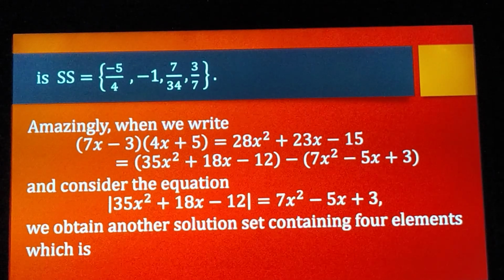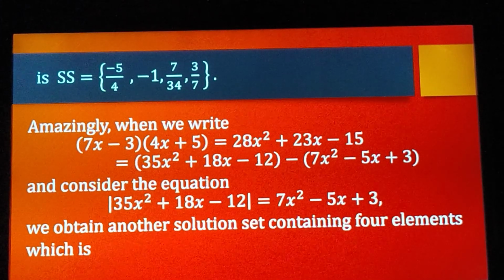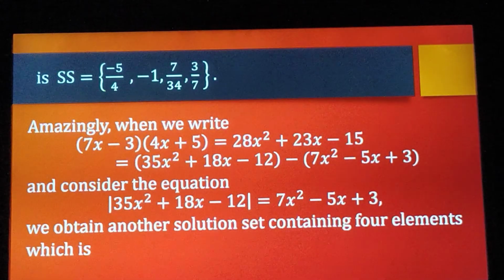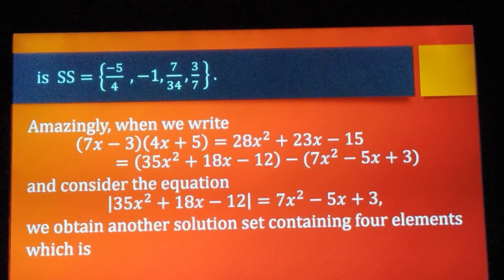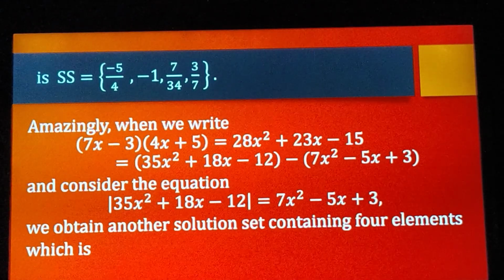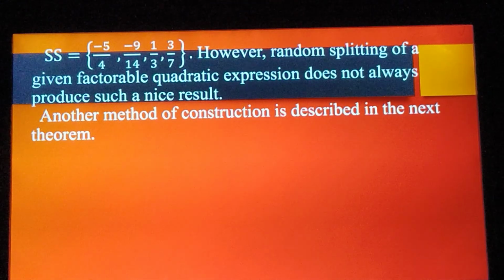Amazingly, when we write the same quadratic expression 28x squared plus 23x minus 15 as the difference of two different quadratic expressions, in this case 35x squared plus 18x minus 12 and 7x squared minus 5x plus 3, and consider the equation absolute value of 35x squared plus 18x minus 12 equals 7x squared minus 5x plus 3, we obtain another solution set containing four elements, which is the set containing the elements negative 5/4, negative 9 over 14, 1/3, and 3 over 7.